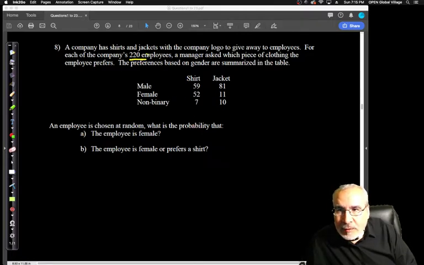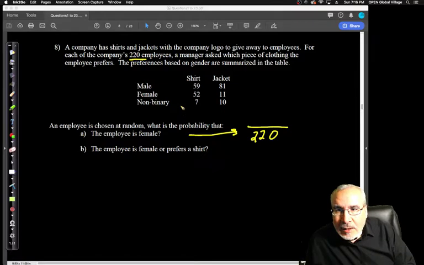We've got the total number of employees, and the first question is asking what's the probability that the employee is a female. We're randomly choosing out of the whole group. We know it's going to be out of 220 on the bottom. What we need to know is how many females there are. So 52 want a shirt and 11 want a jacket.